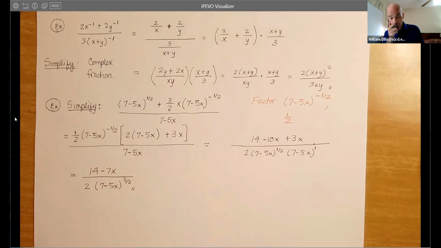Now, what I want to do is to remind you that as you do your WebAssign, we'll basically be focusing on the factoring techniques and also this arithmetic with the fractions. Now, you're thinking, why are we so interested in this?